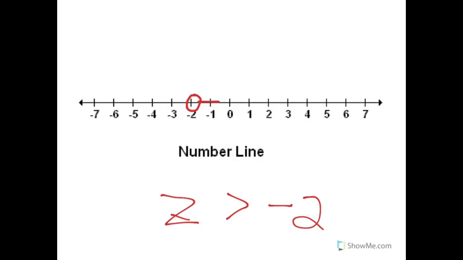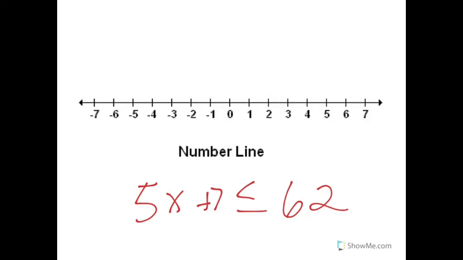Now, since we're saying that z is greater than, everything greater than would go to the right on our number line. Obviously, greater than, you go to the right on the number line. So if it's an empty circle, that means that negative 2 is not a solution.